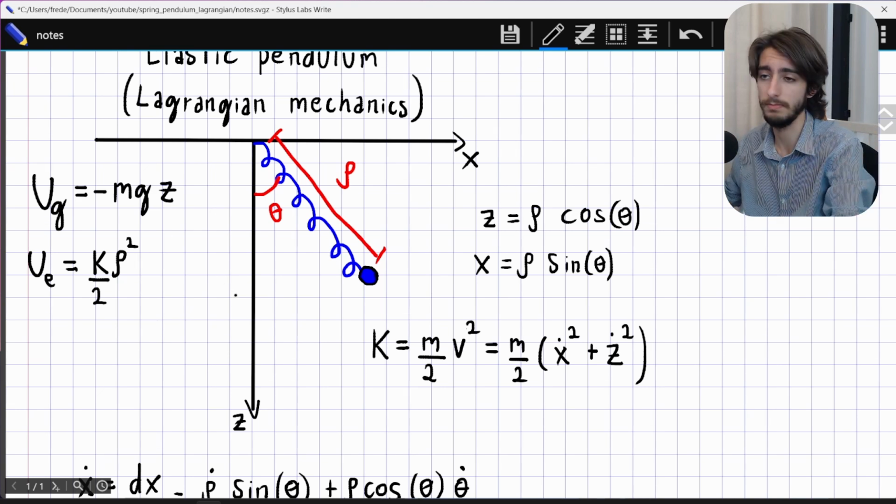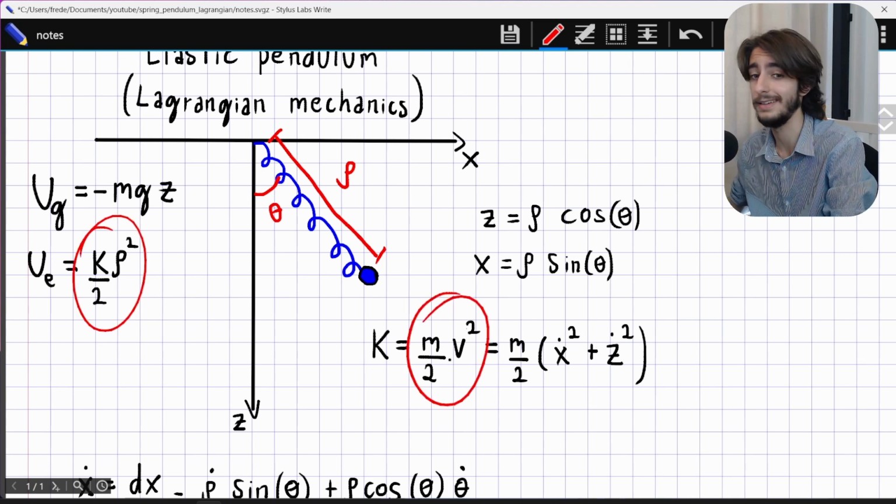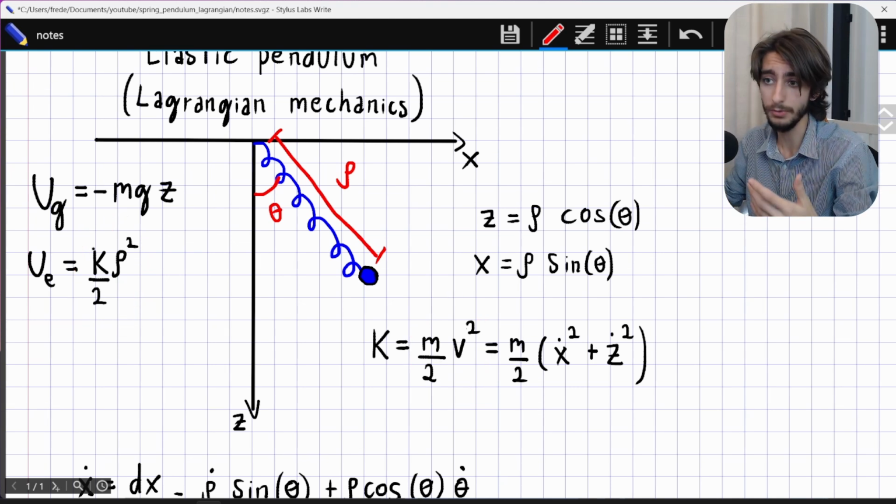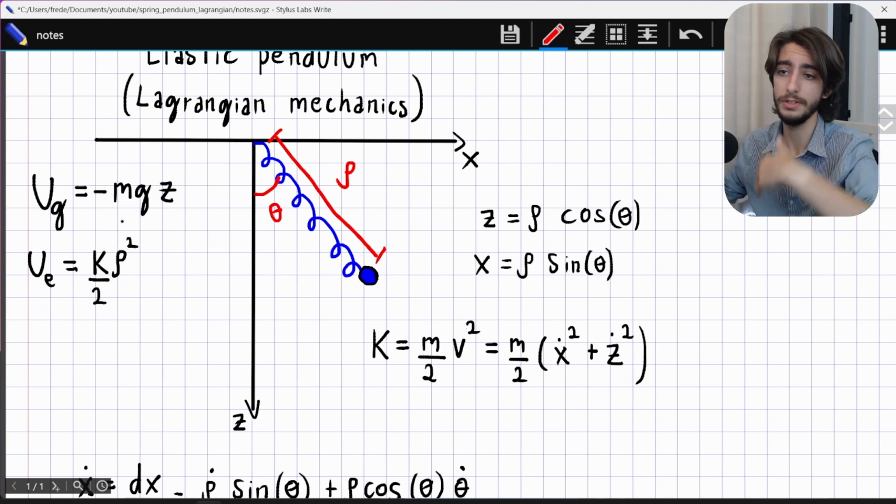Something that's always nice to notice is how close this term is to our kinetic term. So it's mass, meaning how difficult it is to move something, times velocity, meaning how much it's moving. And here, we also have how difficult it is to move the spring versus how much it is moving. And so we have all the terms we need.